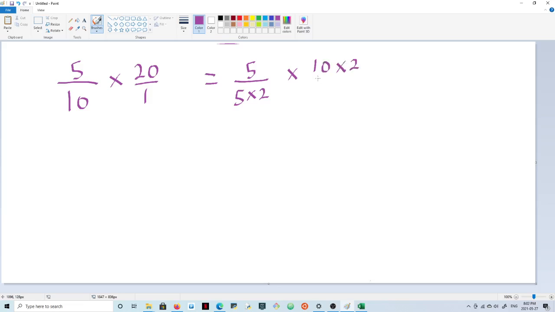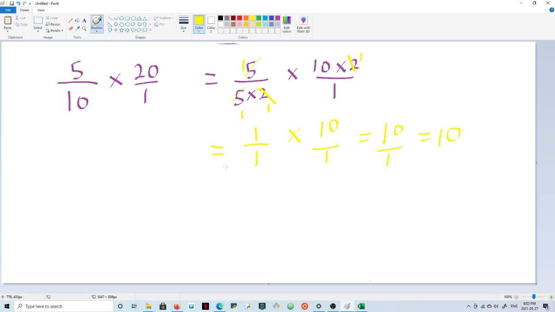You can do this here and let's work this out. Here you can have this 2 cancel with this 2, so 1, 1, and this 5 cancel with this 5, 1, 1. So I'm going to get 1 upon 1, because 1 multiplied by 1 is 1, times 10 multiplied by 1 is 10 upon 1, and your answer is going to be 10 upon 1, which is 10.